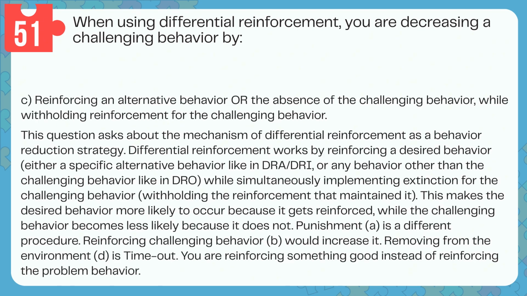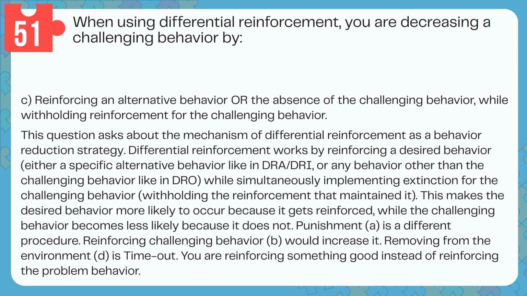Answer: C. Reinforcing an alternative behavior or the absence of the challenging behavior, while withholding reinforcement for the challenging behavior. This question asks about the mechanism of differential reinforcement as a behavior reduction strategy.